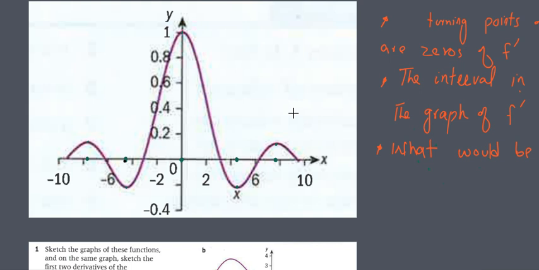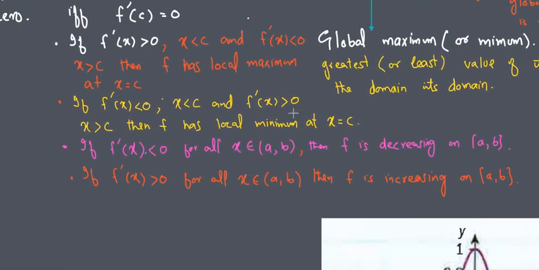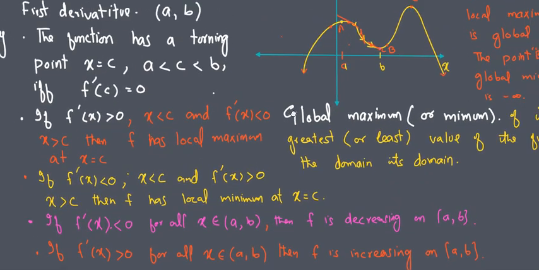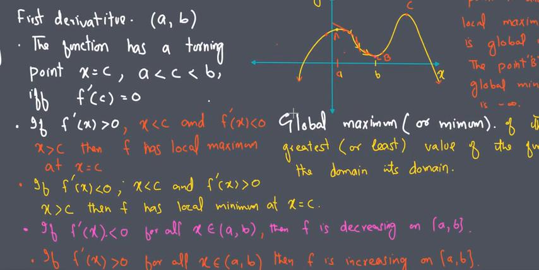So, from all the points that I wrote here, we can get the turning points of the function from the first derivative, but still we are unable to get the turning points of the first derivative. We can find the local maximum and local minimum with the help of the first derivative.